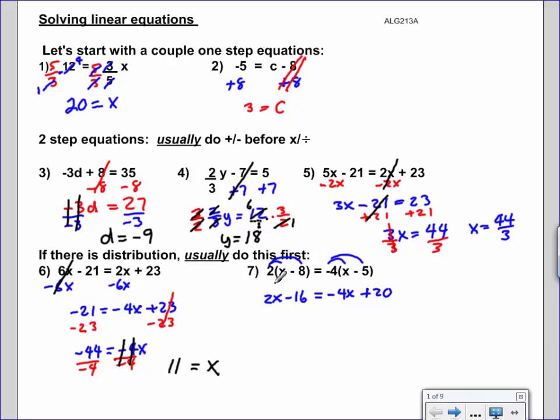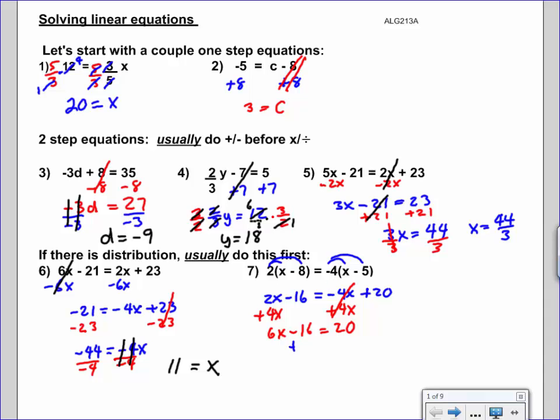Okay, now it resembles our previous two problems where we want to get our x's on one side and our numbers on the other. Well, if we add 4x here, the opposite of minus is plus. We now have 6x minus 16 equals, this canceled, 20, and get all our numbers on the other side.